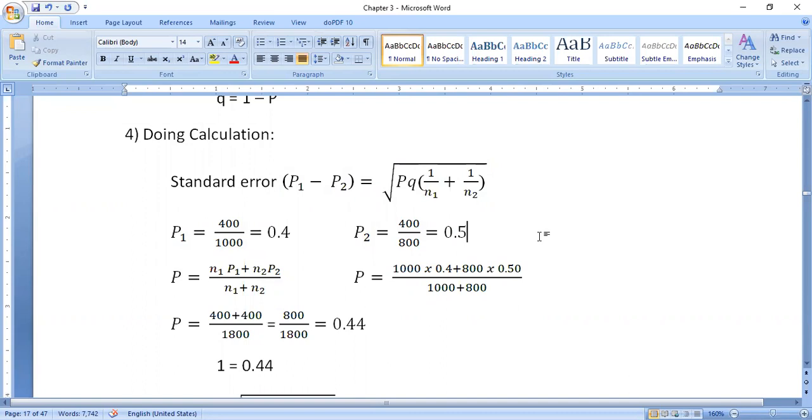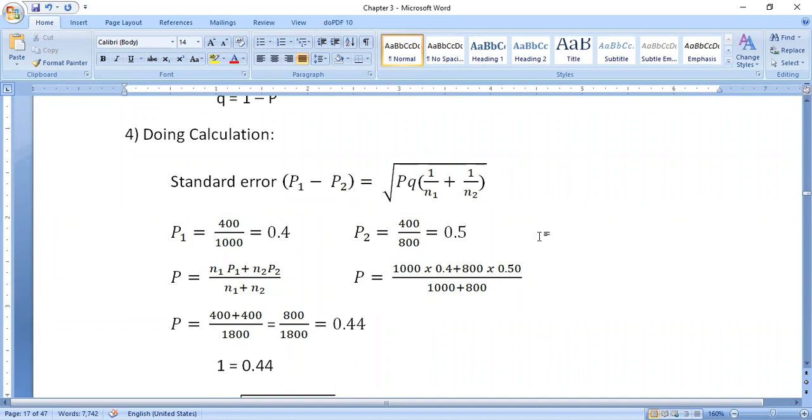Then, in the P formula, N1 into P1 plus N2 into P2 divided by N1 plus N2.